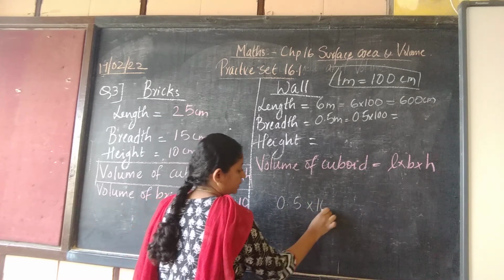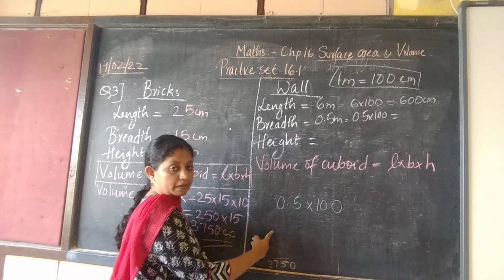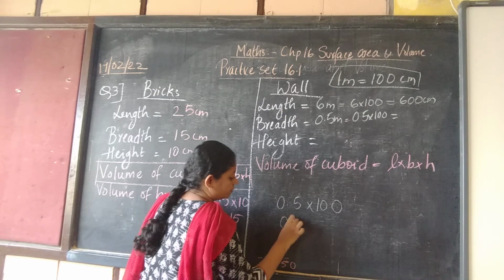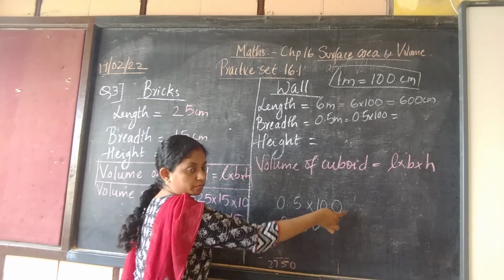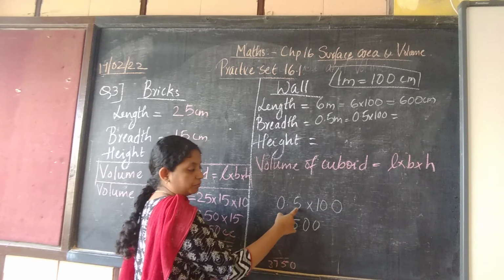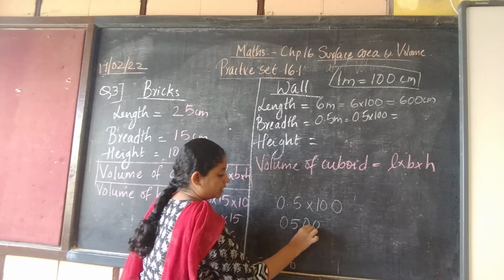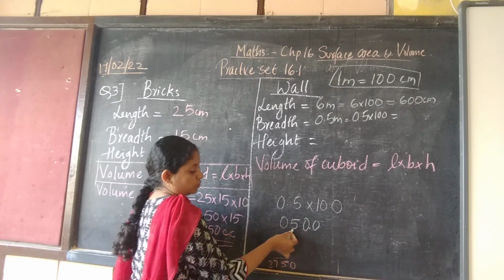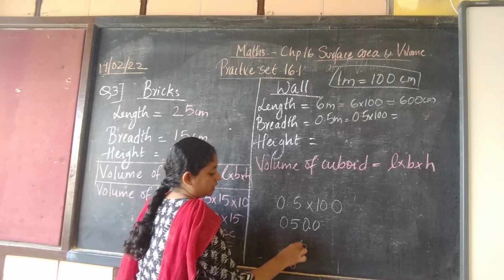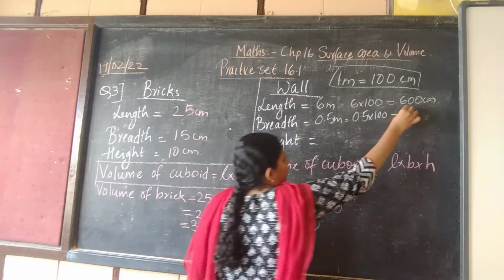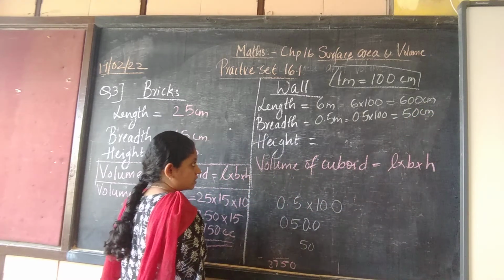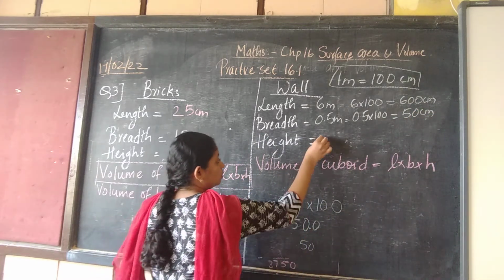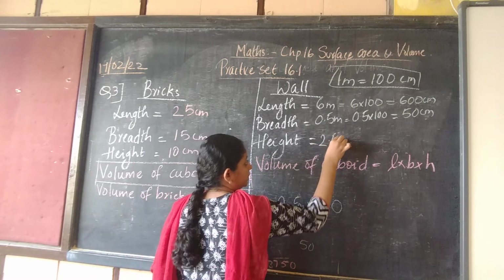0.5 into 100. So you are going to multiply by 100. So how many zeros will come? 0, 5, 0, 0. Now put the decimal point before one number. So here what is the answer? Nothing but 50 centimeter. Next, height is given as 2.5 meter.